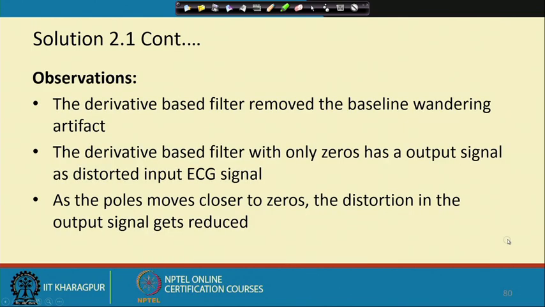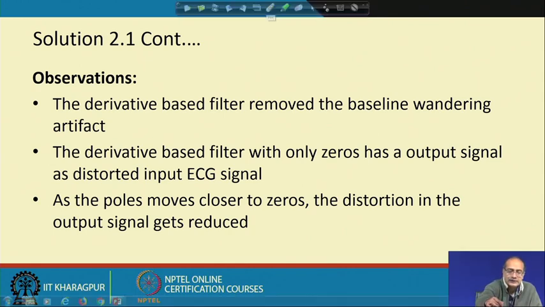Now, we look at the observations, the takeaways from this experiment. First, we notice that the derivative based filter is successful in removing the baseline artifact, or baseline wandering.